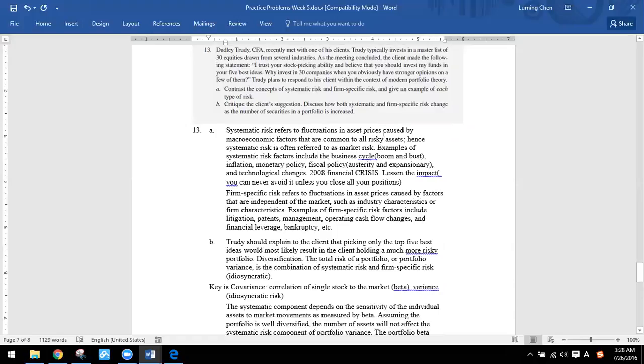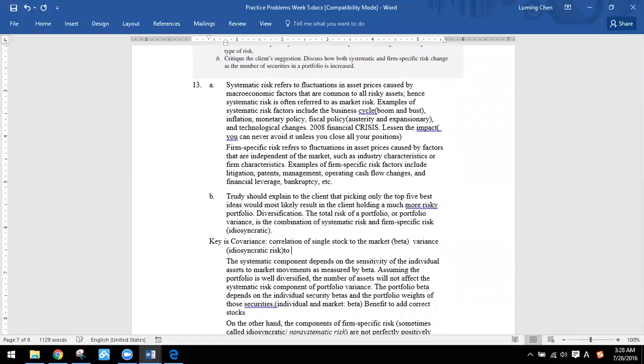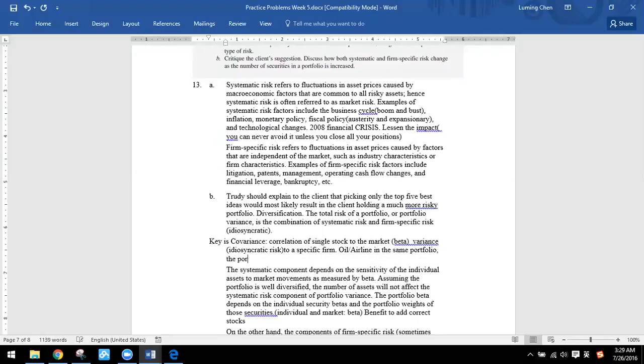Actually, the firm-specific risk of a specific firm will not change that much. But as we talk about it, if we add oil and airline in the same portfolio, the portfolio will perform better.